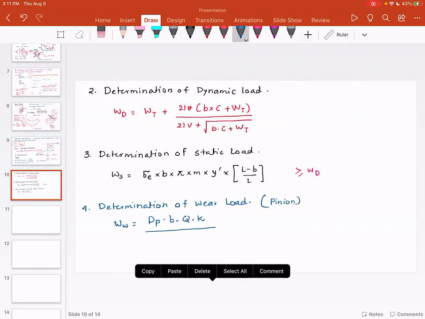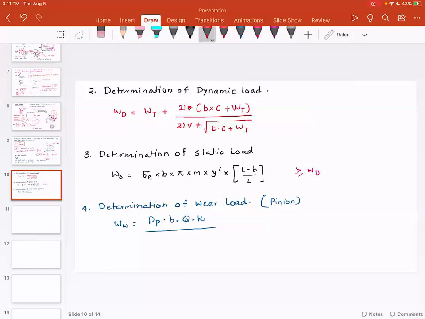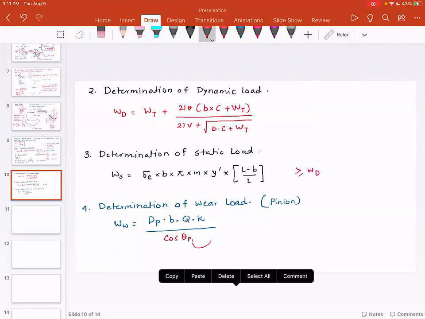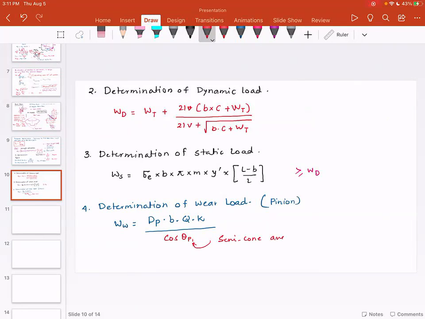The only difference here is you will divide that by the cone angle, cosine theta p1. This is the cone angle for pinion. So that is what we have to keep in mind.